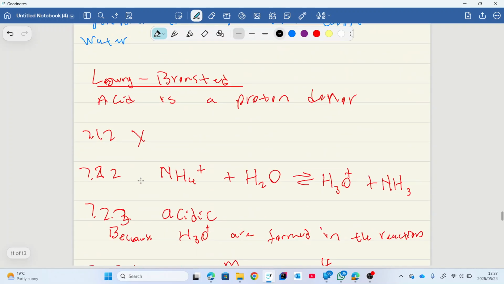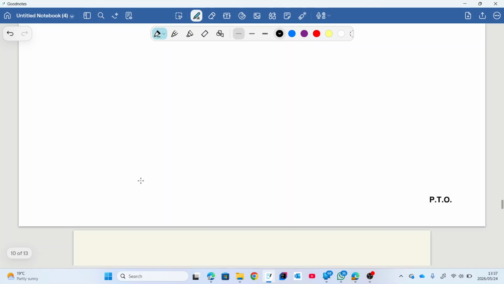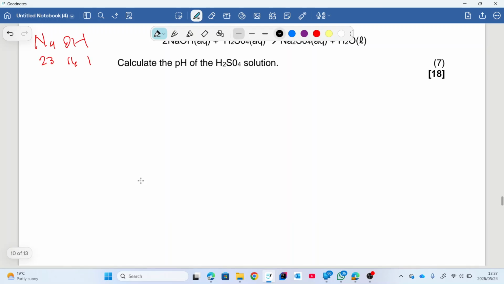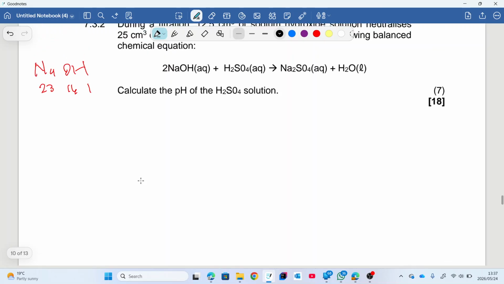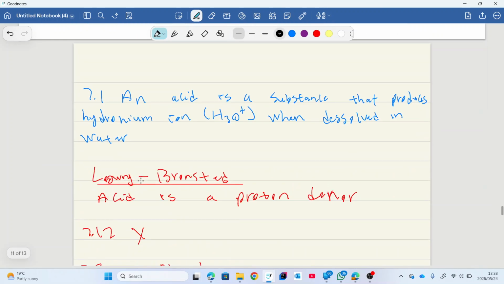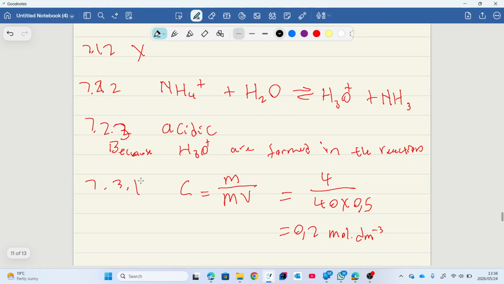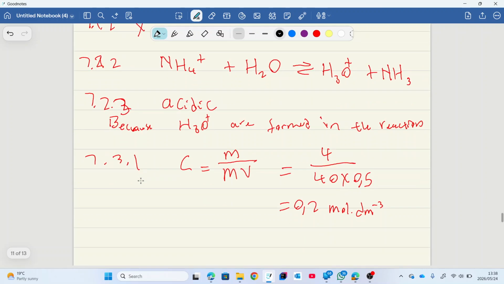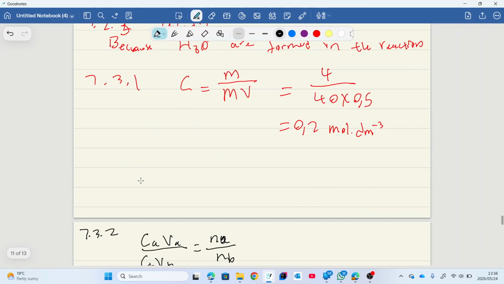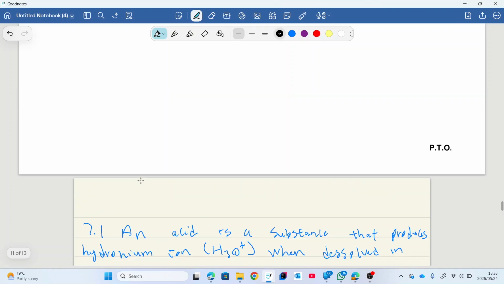Now the question wanted the pH, right? Now we have the concentration of the acid. Because we have the concentration, we can make use of this. So according to the balanced equation, how many moles do we have of the H3O plus? Let me go back to the equation.